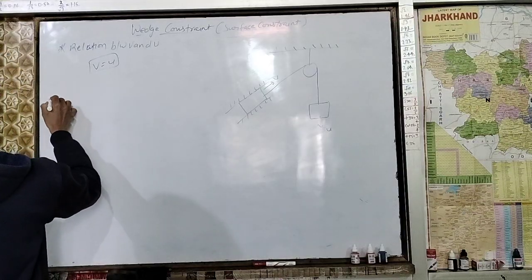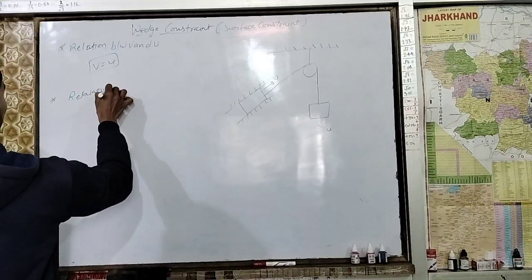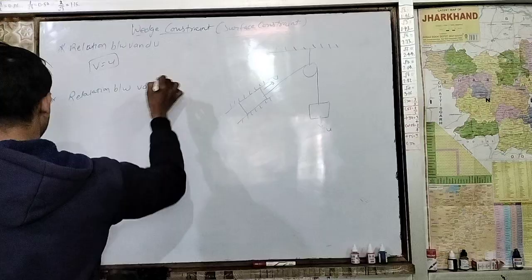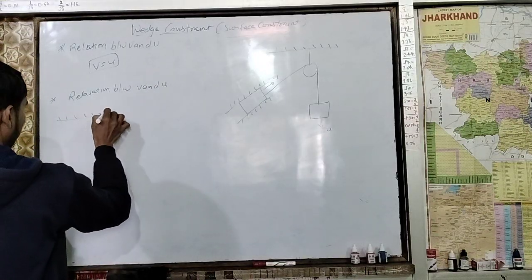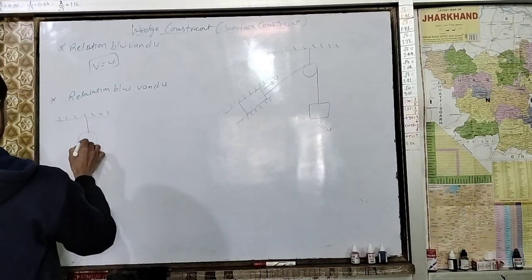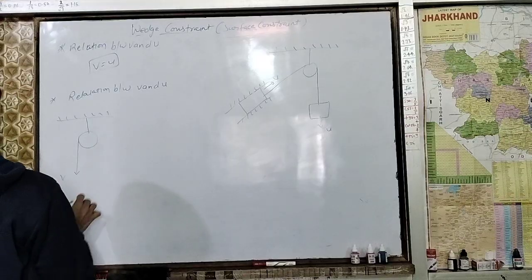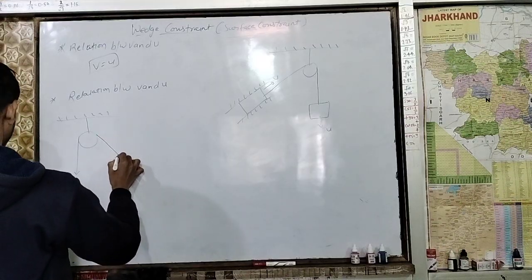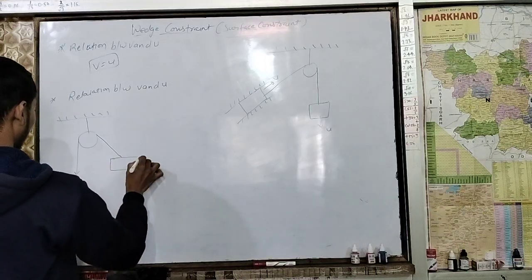Next, the relation between V and U. So the figure is something like this, attached by something, one pulley is fixed, and one string is going downward with V, and the second is taking a block.